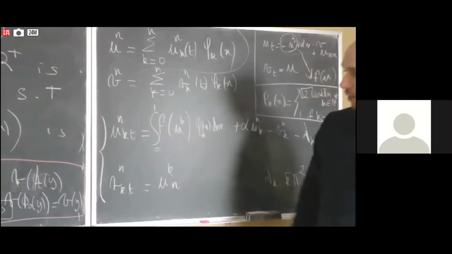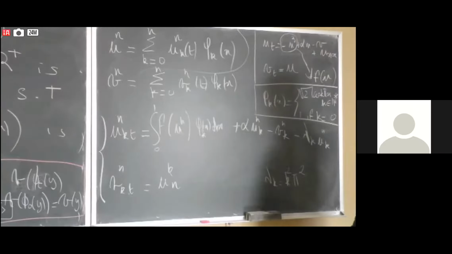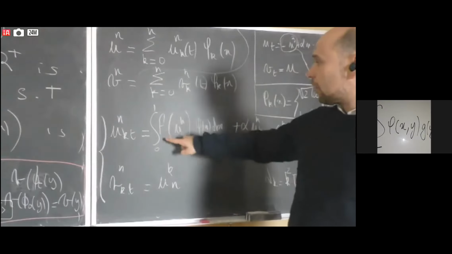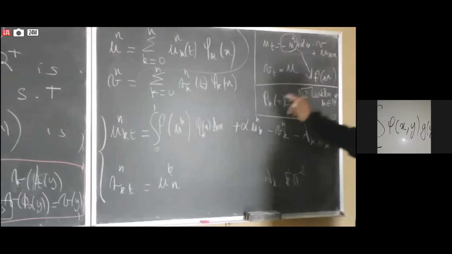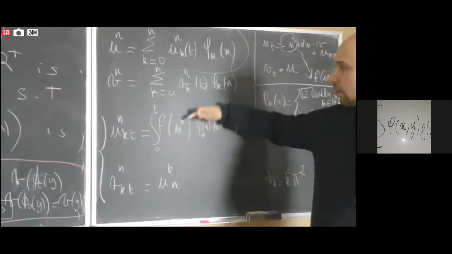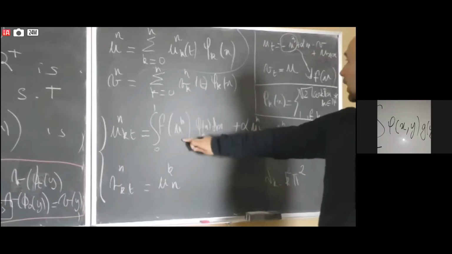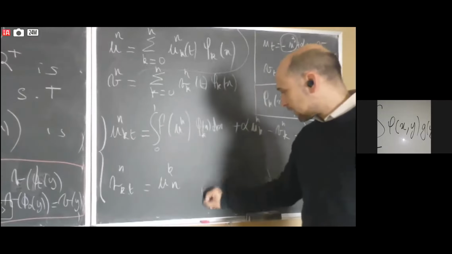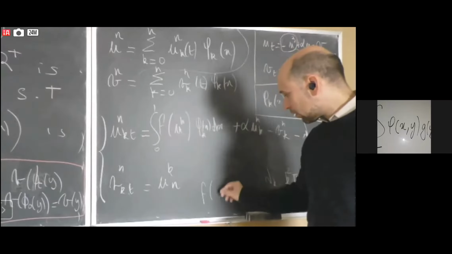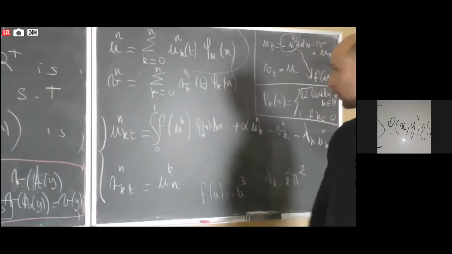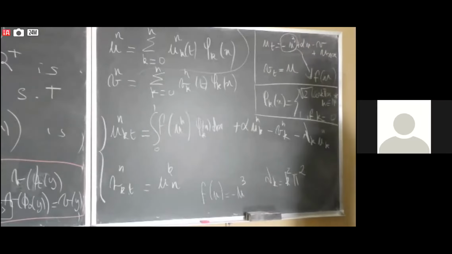Okay, but not the phi. For the phi, it's not inside the function also? No. So F of un here, my F, as I said, is just minus un to the third. F of u equals minus u cubed. Yes, yes, I see.